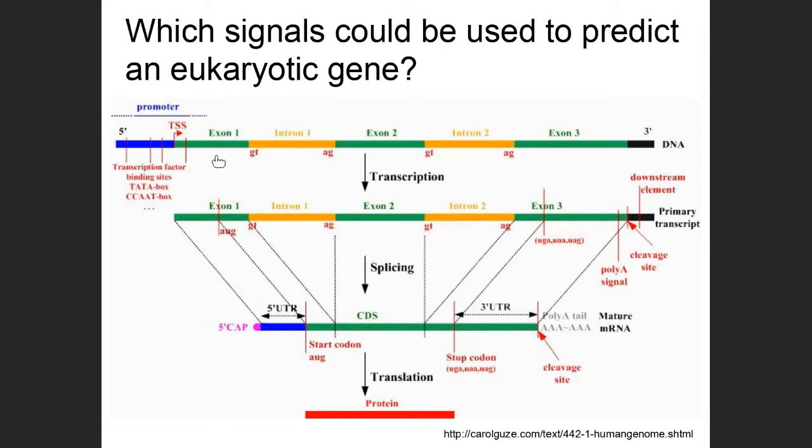And then a gene will have, not every gene, but some genes will have exons and introns. For eukaryotes; prokaryotes don't have introns. So what the software can also use is these cues. These things here are the intron-exon boundaries.